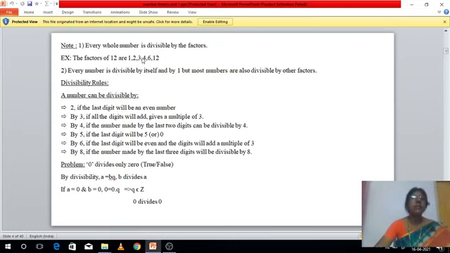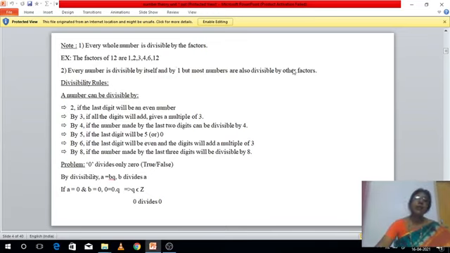Similarly, 12 is divisible by 3, by 4, and by 6. That means any number is divisible by its factors. Most numbers are divisible by 1 and itself, and many numbers are divisible by other factors also, not only 1 and itself.